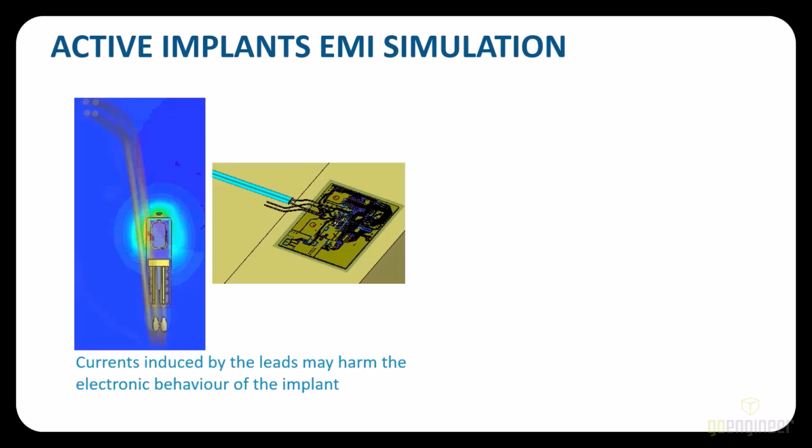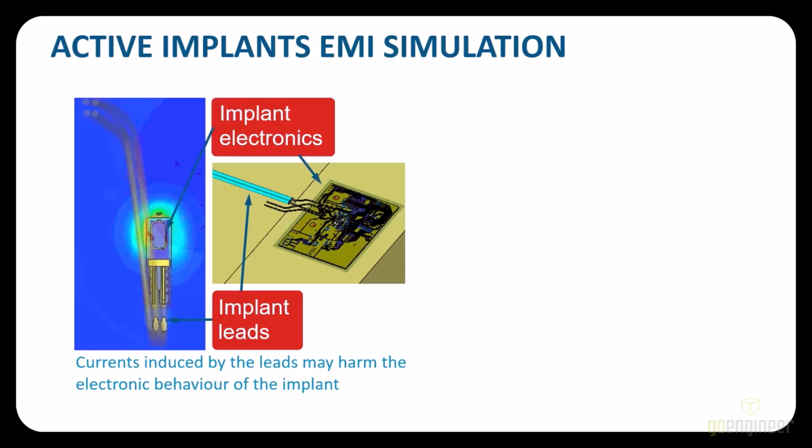Moving on to another application, a major risk could arise with active implants like spinal modulators and pacemakers that have embedded electronics. We need to analyze how external magnetics from an MRI, for example, interact with embedded electronics and could induce currents on the leads and PCBs, which can be catastrophic if this interference causes these devices to malfunction.